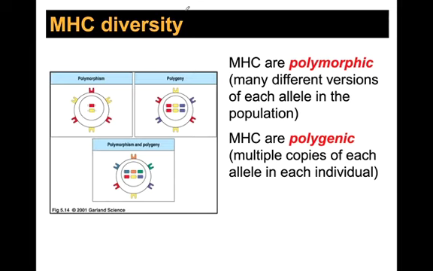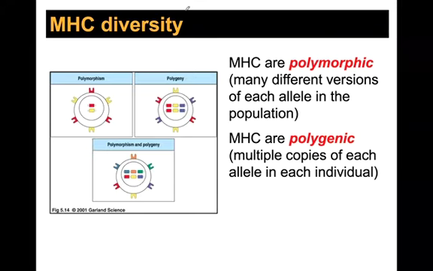But now you have 3 MHC1 versions, and they're all codominantly expressed. So you actually have 6 different potential ways of presenting an antigen to a T cell. That means you have a much higher chance of actually being able to present something from whatever's infecting you.